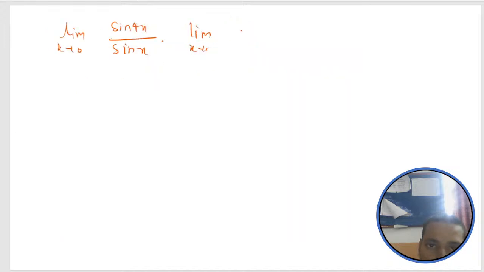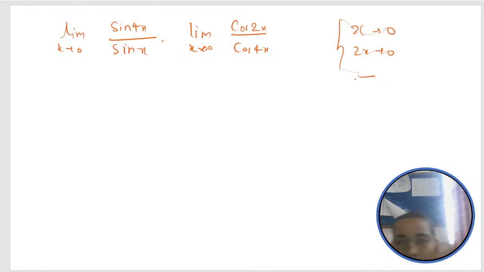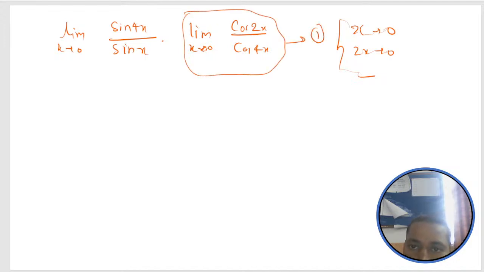The negative sign with 2x becomes positive because in cos functions, negative becomes positive: cos of minus theta is cos theta. Listen students, to find the limit of cos 2x, if x is tending to 0 then 2x also tends to 0, correct? Cos 0 is always 1, so this function is going to be 1.